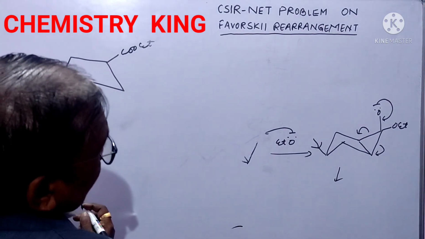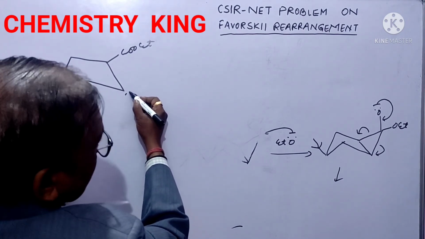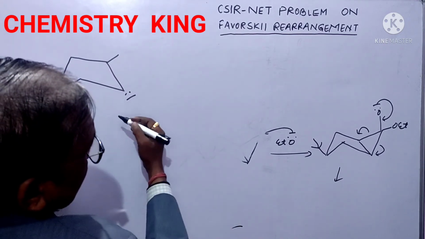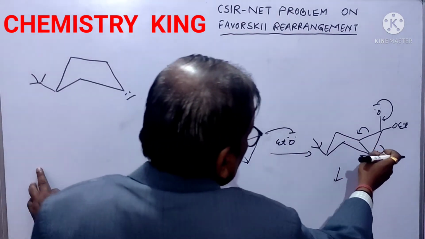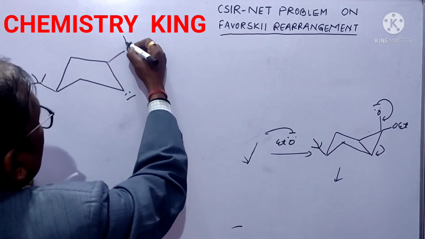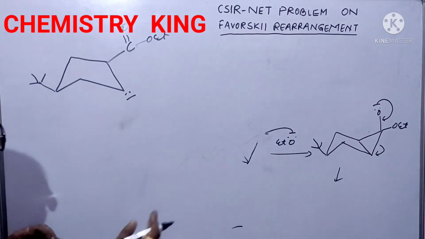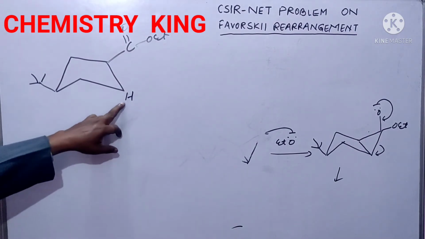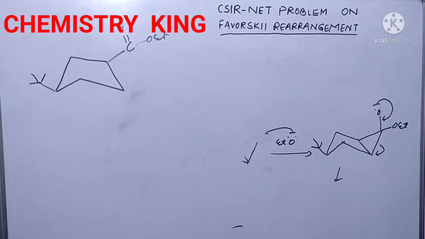The ester group will be here, and the minus charge will be here. Okay? This bond is breaking, C double bond OEt. Now, H plus from ethanol will come here. Okay? Then the product is this.